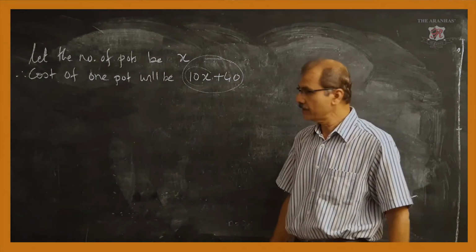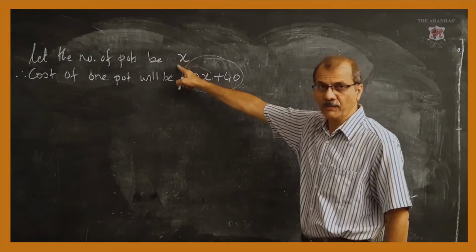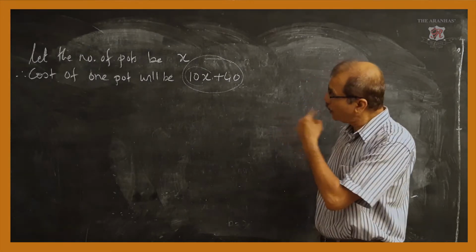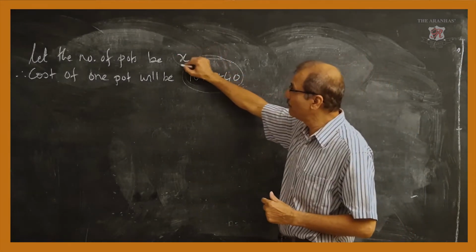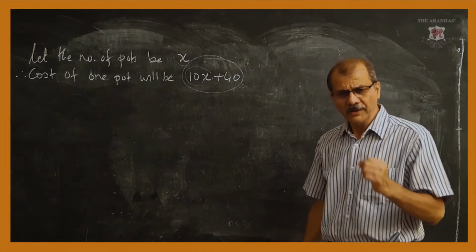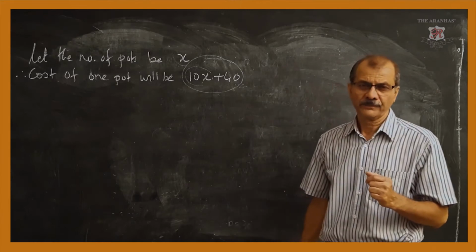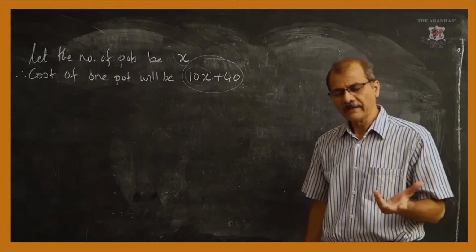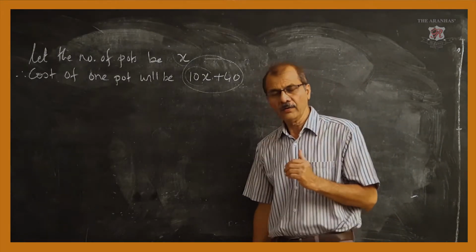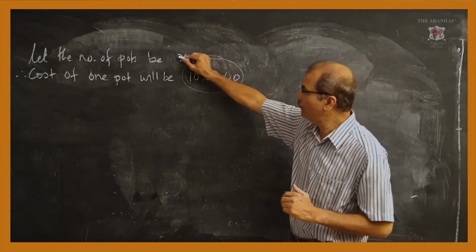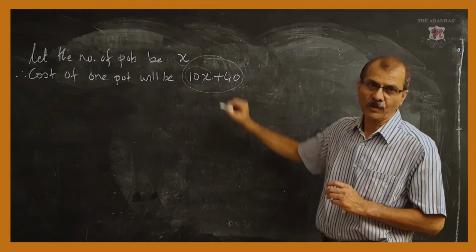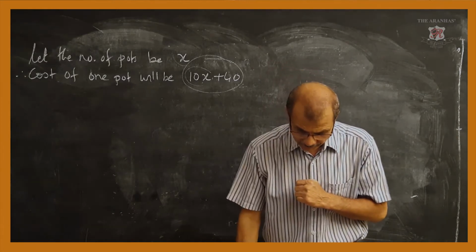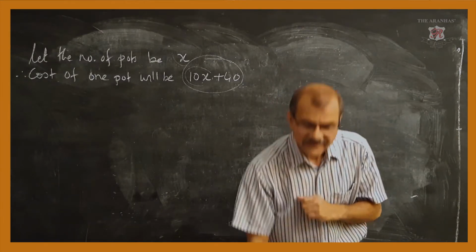So once you get the cost, you know the number of pots. Now, when you know the cost of one pot, and if you know the number of pots, obviously you can find the total cost. How? By multiplying the number of pots with the cost of one pot. But the total cost is given to me, rupees 600.